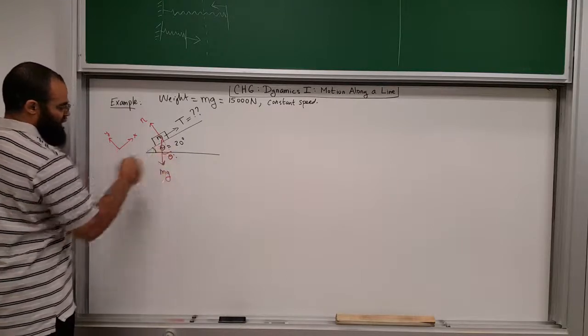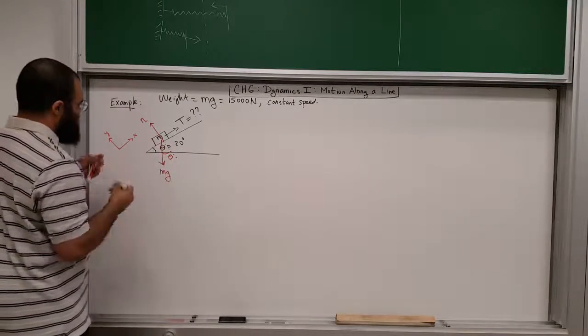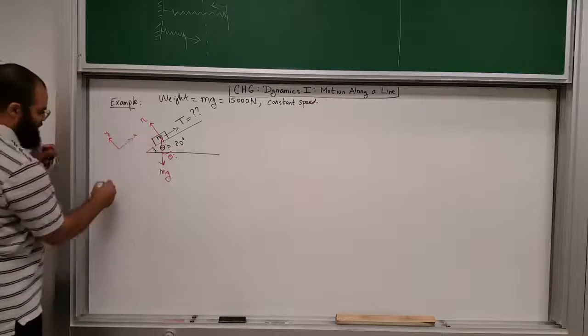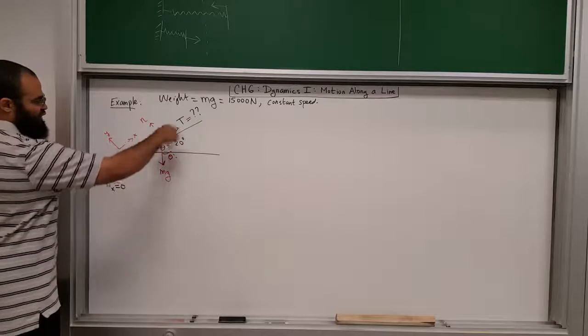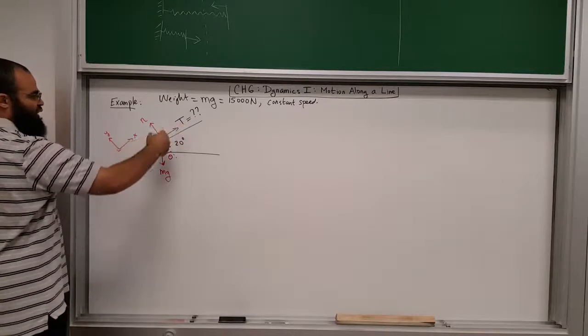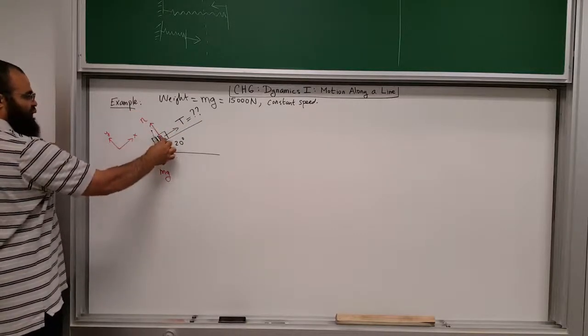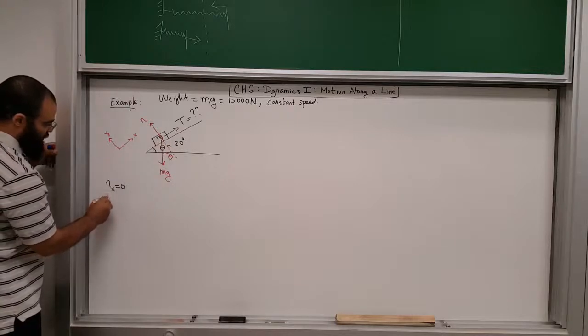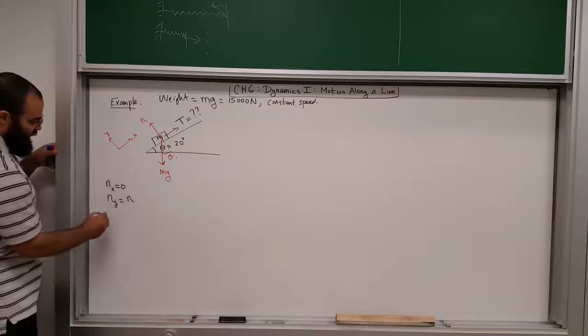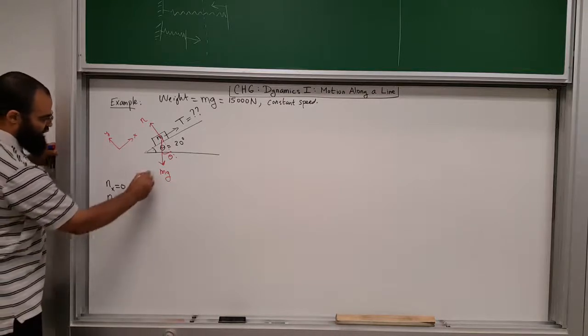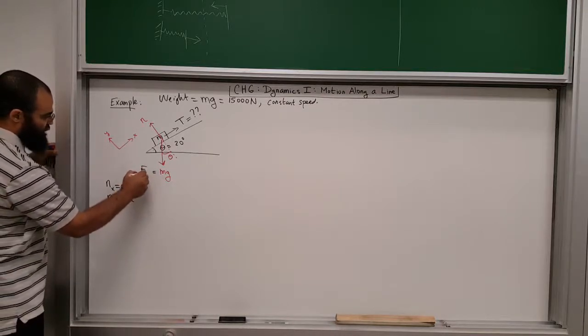So the x component of the normal force will be zero. The normal force does not have any component along the incline. It only has a y component. The y component is just m g, the force of gravity, they use capital G.